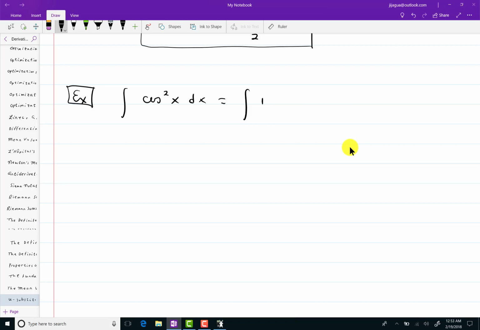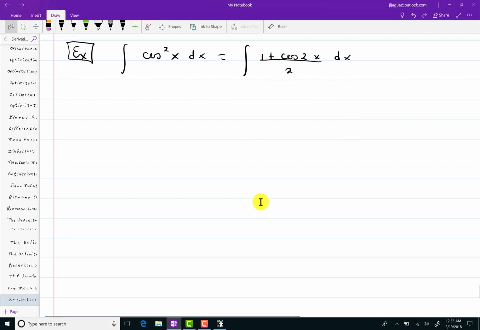So you get the integral of (1 plus cosine of 2x) over 2 dx. And then to work a thing like this, I would go one step further. I would take the 2 out front and make it a 1/2 times the integral of 1 plus cosine of 2x. Now I'll put parentheses around it because it's not attached to that fraction.